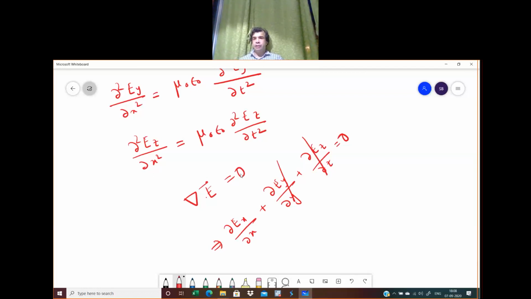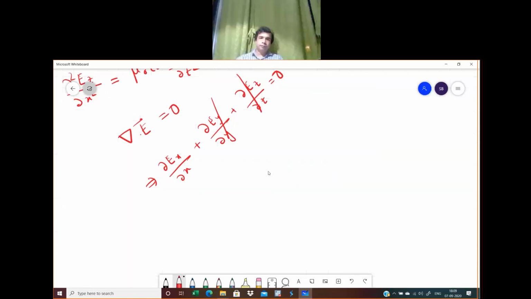So the second and the third terms vanish. Is it fine? Can we write this? So we arrive at this point that del E_x by del x is 0.